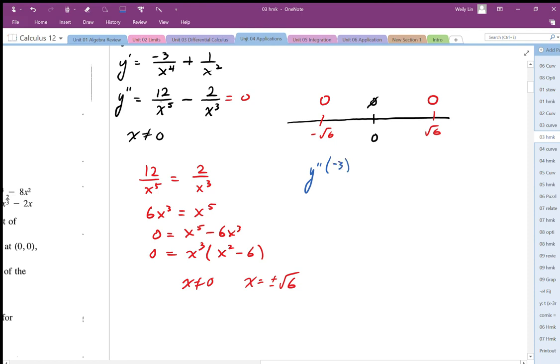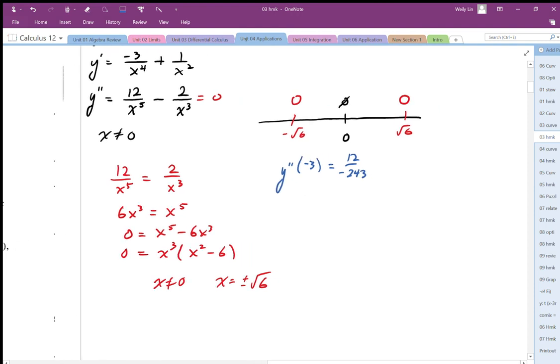When I plug it into my derivative, I'm going to end up with 12 over negative 243. I should maybe plug that in. 12 over negative 243. It's going to be negative 3 to the power 5 minus 2 over negative 27. So this number here, it's hard to tell, so I'm going to use my calculator here.